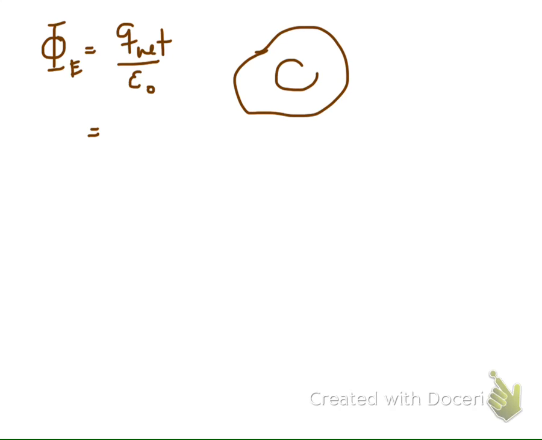if we have the charge Q net inside a closed surface, we know that the flux that passes through the outer surface is equal to the integral of E dot dA.